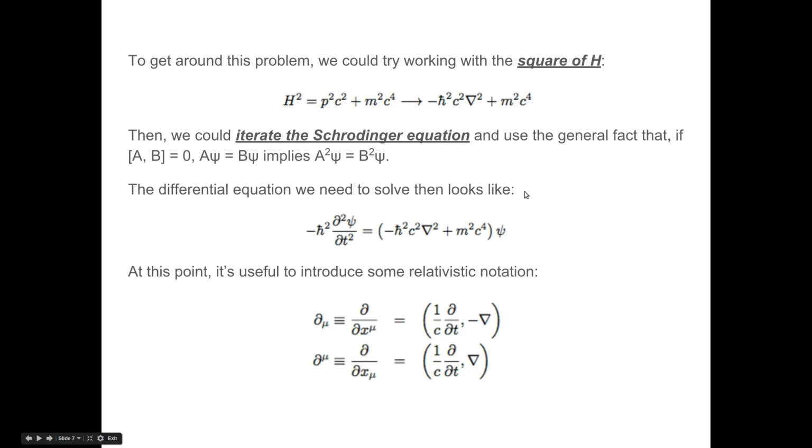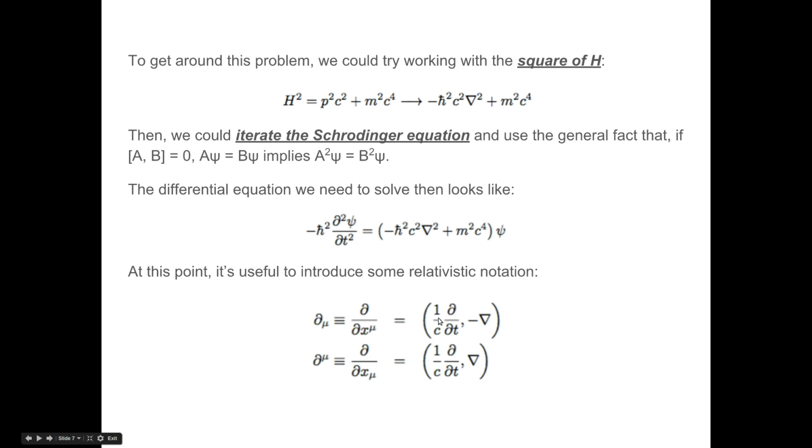Okay, so you can work with this form, or you can take kind of the higher road and start to introduce the special relativistic notation. Hopefully you guys have seen it. We'll talk more about it later, but I just wanted to show you that you can write this equation in a very compact form. So you introduce the covariant derivative, which is, again, a four-vector, so it has four components.